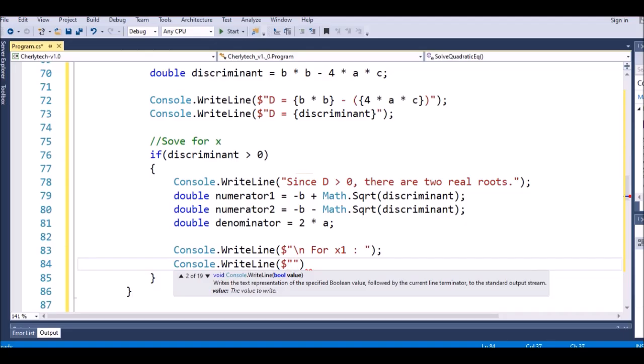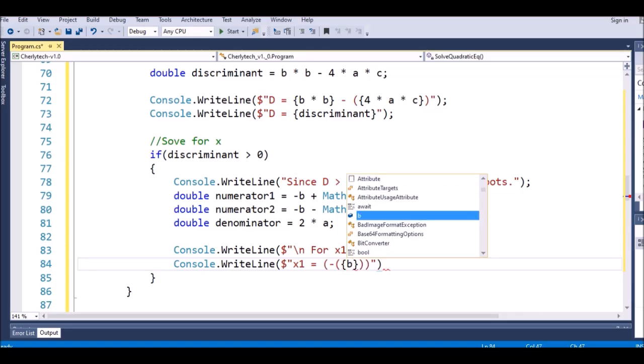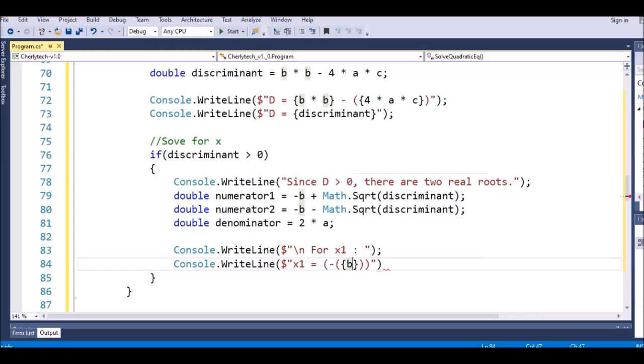So here we say x1, right? x1 equal minus, right, b, like this. Then plus square root, right?